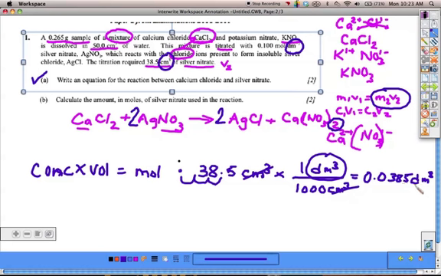I can now take that, multiply it by my concentration to get my moles.